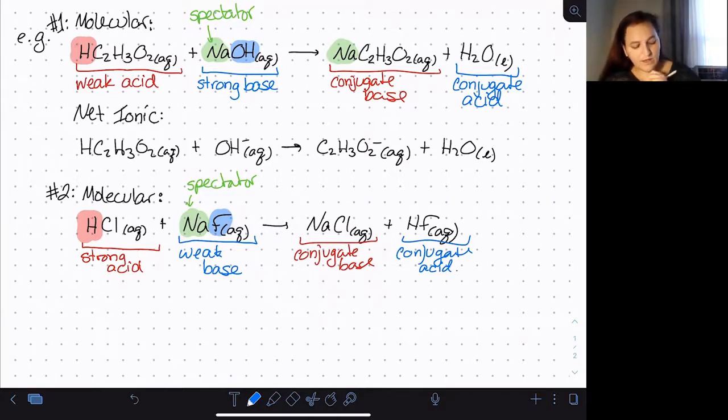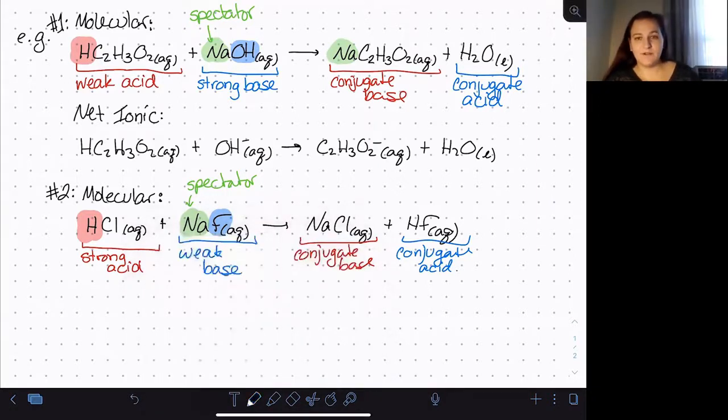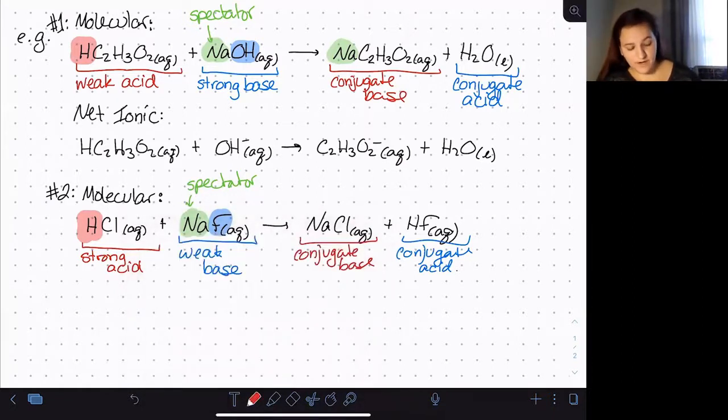So if we want to write the net ionic version of this, is where things get a little bit tricksy. What we need to recognize here is that our net ionic equation is supposed to represent everything as it actually exists in solution. So for our strong acid, for HCl, we know that in solution, a strong acid is 100% ionized.